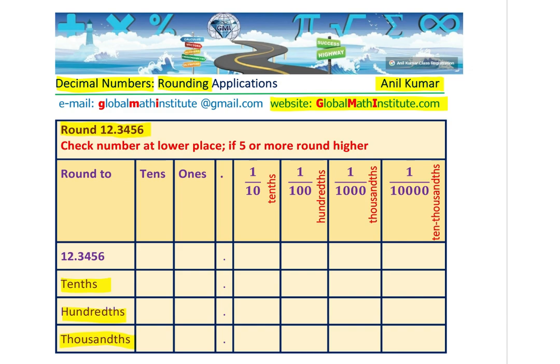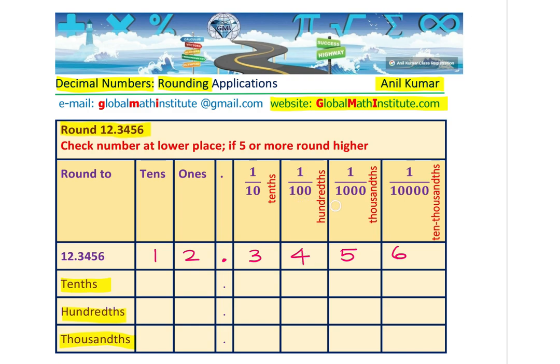So let us first write down the number on a place value chart. 1, 2, that is 12, 1 is in the tens place, 2 is in the ones place. We could write this as 12 point 3, 4, 5, 6. As you can see, the numbers after the decimal are like a base 10 model. 1 over 10 is called tenths, and therefore 3 is in the tenths place. 4 is in the hundredths place because 0.04 is 4 divided by 100.